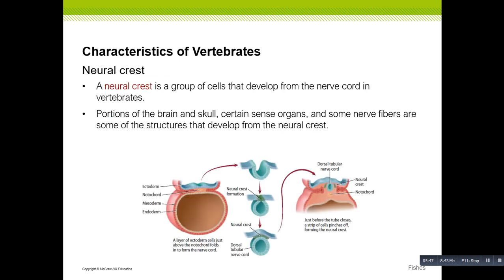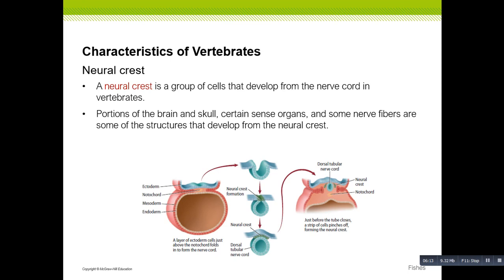So here's a little bit more detail about what we're talking about with that neural cord. Now, when we talk about vertebrates, this term neural crest comes up. And a neural crest is a group of cells during embryonic development which will develop from the nerve cord in vertebrates.